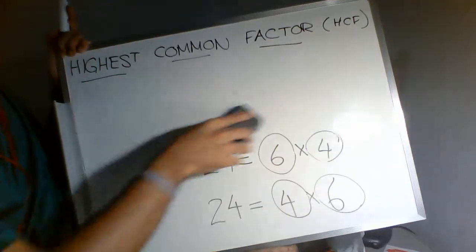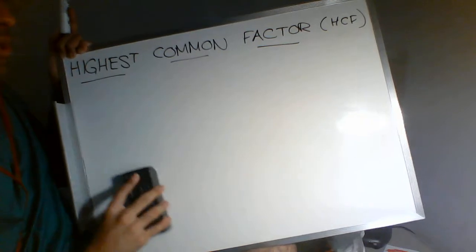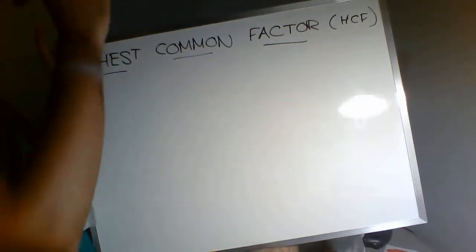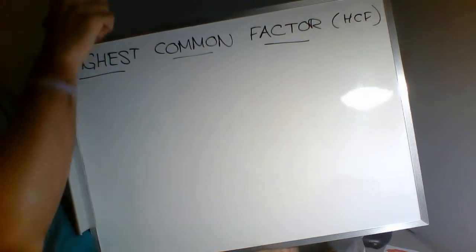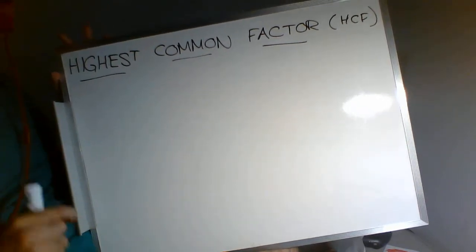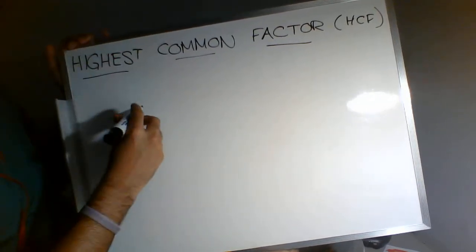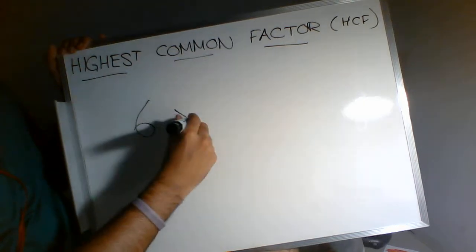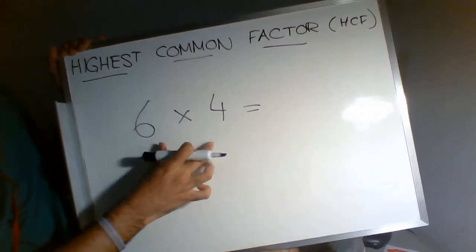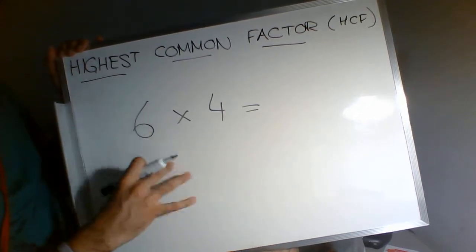One important thing to remember, as long as we're talking about whole numbers and we don't complicate life with fractions and decimals, is that factors are always going to be smaller than the number that you're looking for, right? Because if we're only multiplying something by a whole number, if I'm saying 6 times 4, the answer has to be bigger than both 6 and 4, or at least not smaller than either of them.